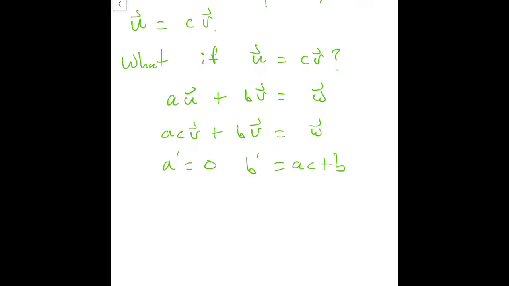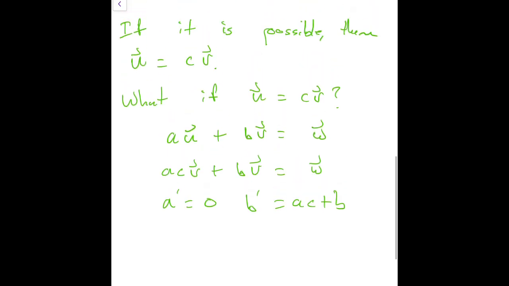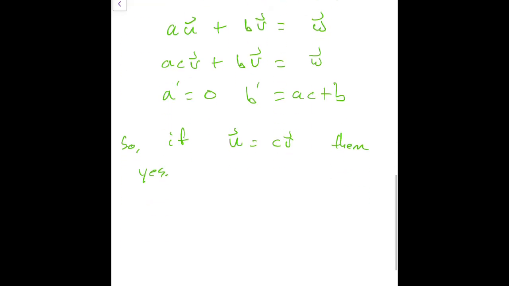Okay, well, so the answer to this question is there's not enough information. So if U is a multiple of V, then yes. So let me write this. So if U is equal to CV, then yes. If U is not a multiple of V, then no. Okay, why is that?